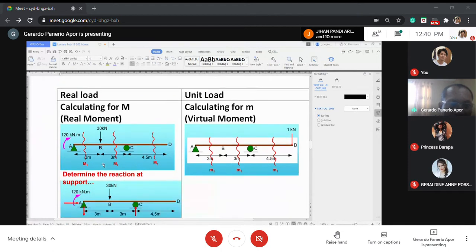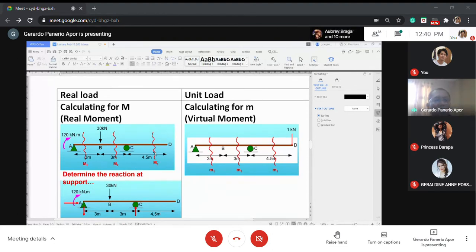Instead of using MAB, MBC, MCD, I am going to use M1. M1 represents the moment equation of AB, M2 represents the moment equation for BC, and M3 represents the moment equation for CD. Now, since we are going to determine the moment equation from A to D, that means we have to add all these three, M1, M2, and M3.